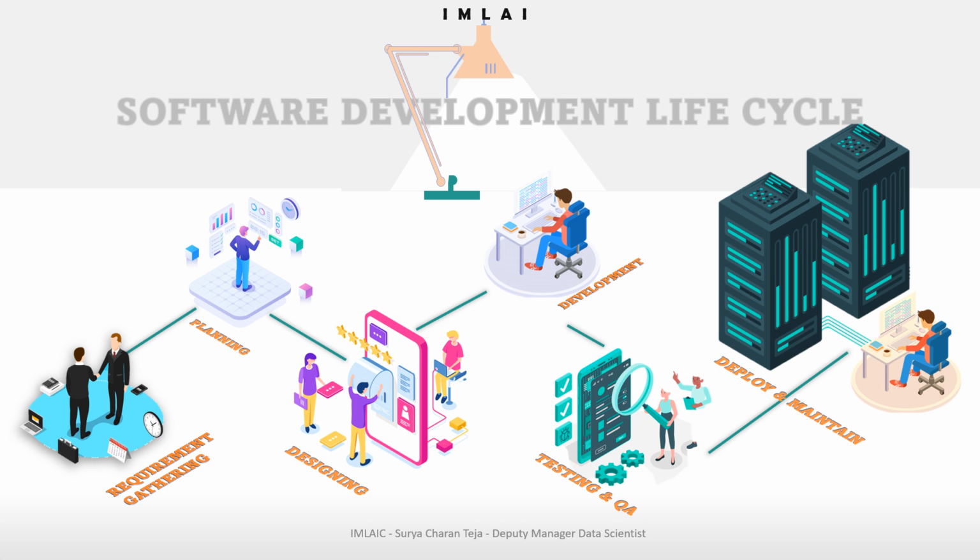The most important resources are time and money, and the output is our quality. That's where the SDLC helps us bring it all together and get a better, efficient, and qualitative product.